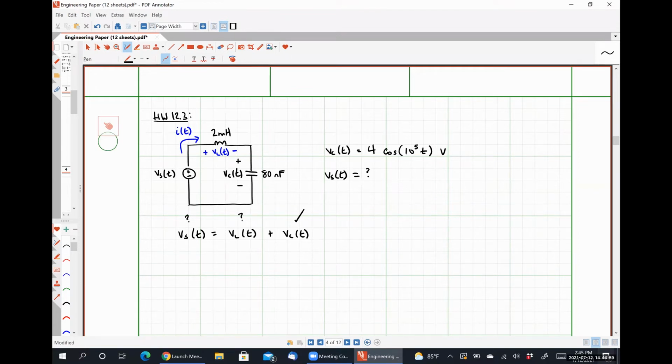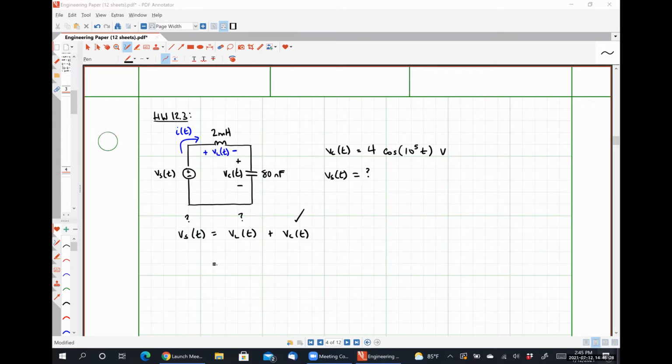So we're in a little bit of a pickle. Any thoughts on figuring out VL of t? We find the current going through VC based on the VC formula that we have, and then we say it's the same current going through VL, and then put that into the equation for VL to find.